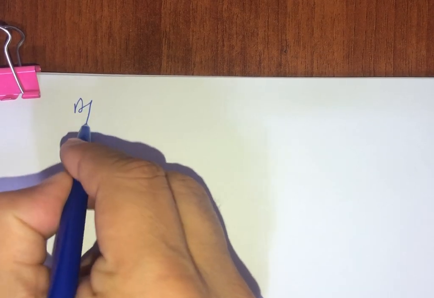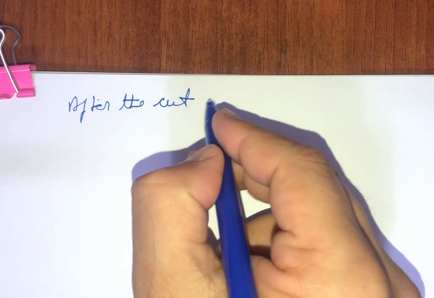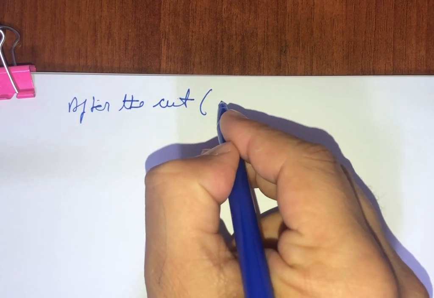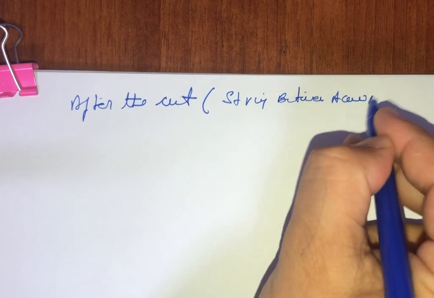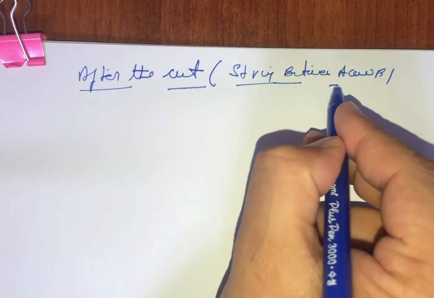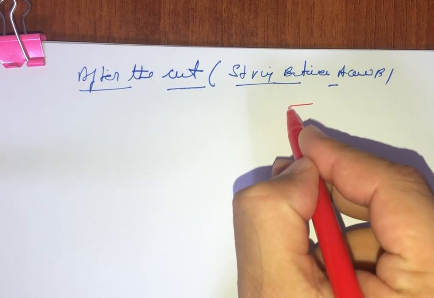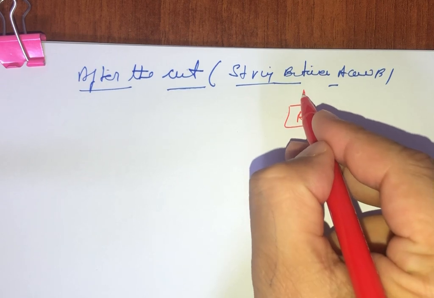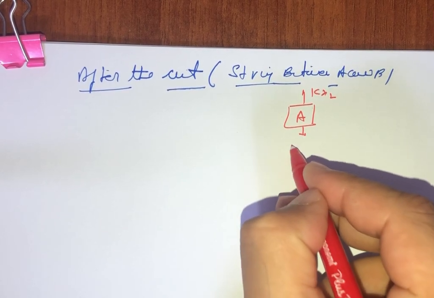Now, after the cut of string between A and B, we can consider the block A. This is A. In the upward direction we have kx2, and in the downward direction we have mg.